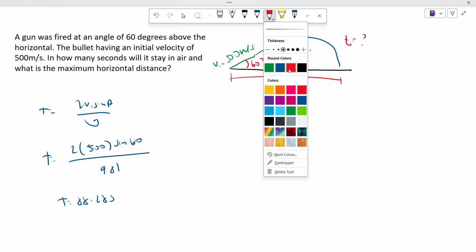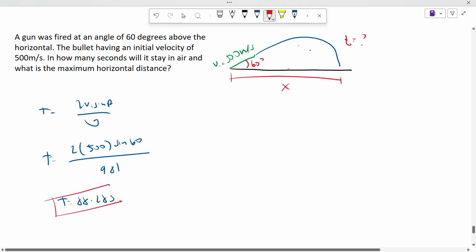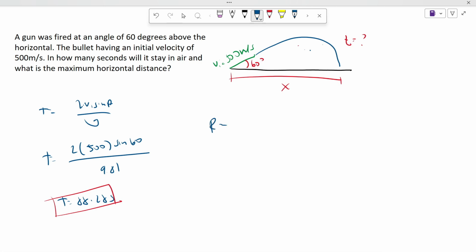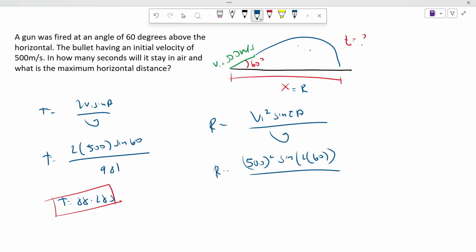So, equivalent nito for the time of flight will be 88.28 seconds, while the range this will be also equals to, range is VI squared sine 2 theta over G. So, R is equals to 500 squared sine of 2 times 60 over 9.81.